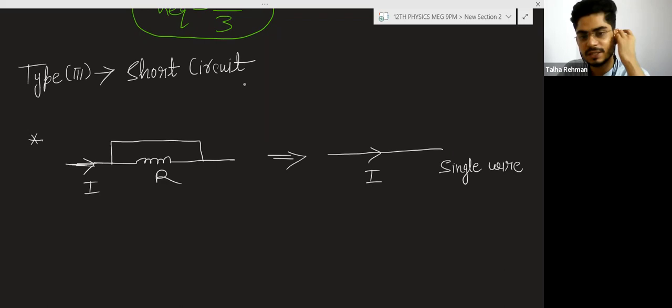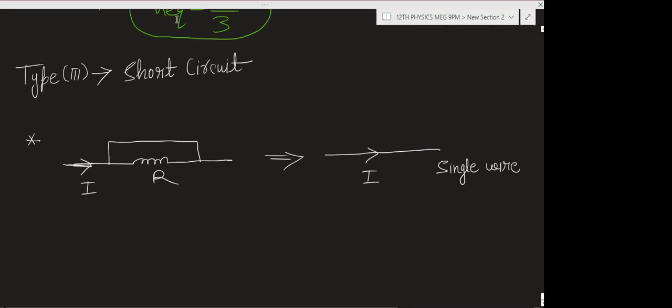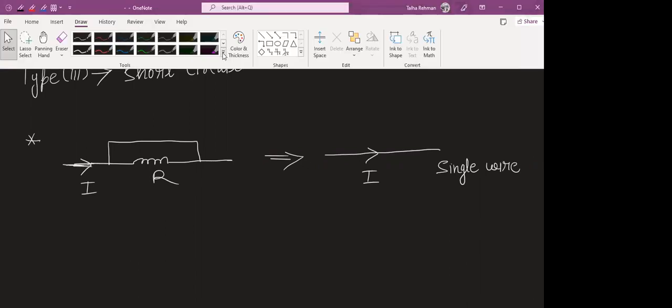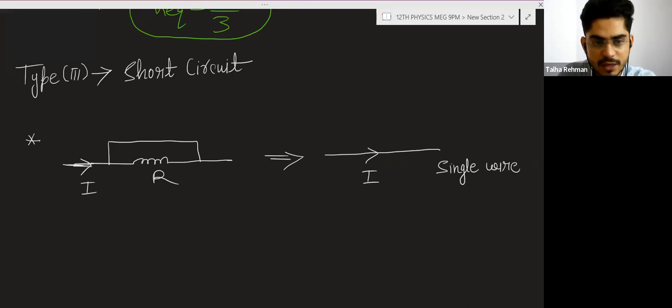Why am I writing this as this? Because this is the current, and all the current will go through this path. So there is no current here.